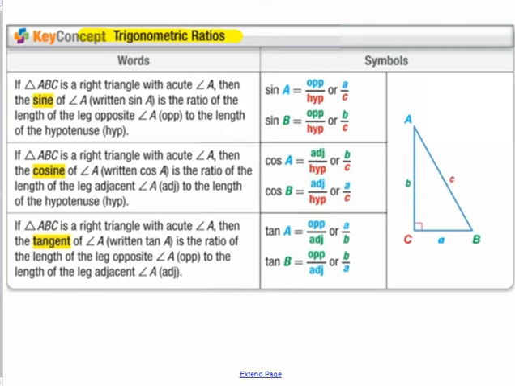So trig ratios are sine, which is right here, cosine, and tangent. We're going to be using those buttons on your calculator, actually, to learn the trigonometric ratios.